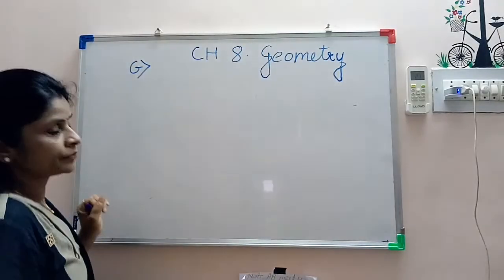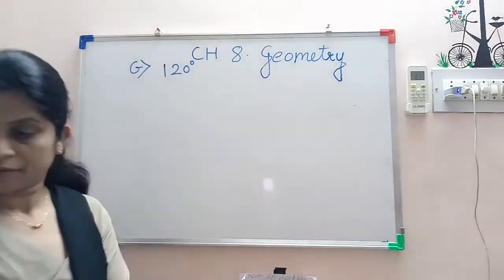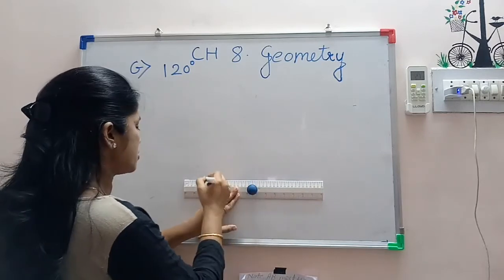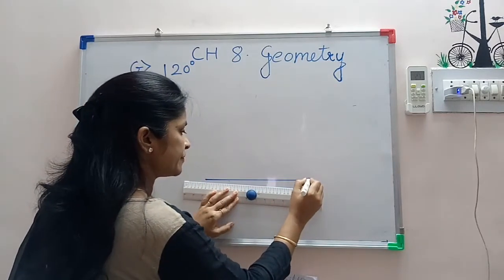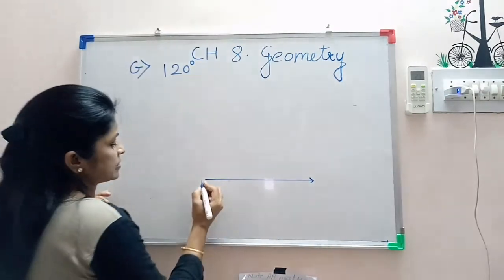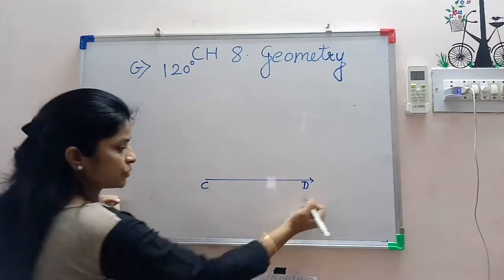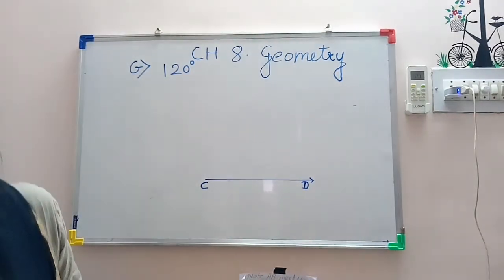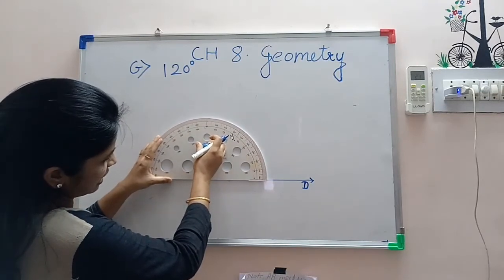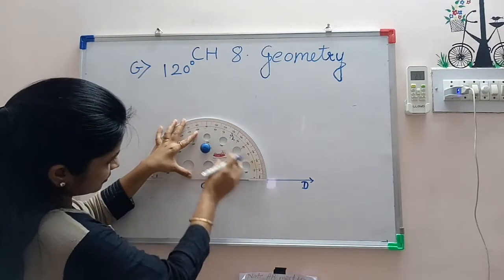Now we'll measure a 120 degree angle. For this we'll use the ruler and we'll draw again one ray and we'll name it as CD. Okay students, now we'll place the protractor on the ray and we'll adjust the baseline and center.